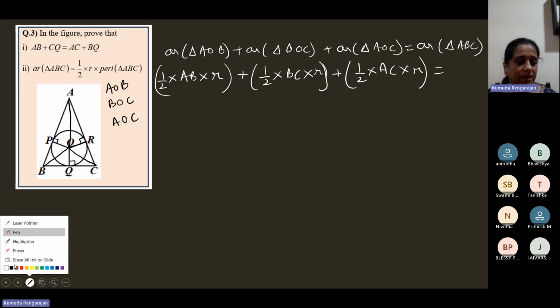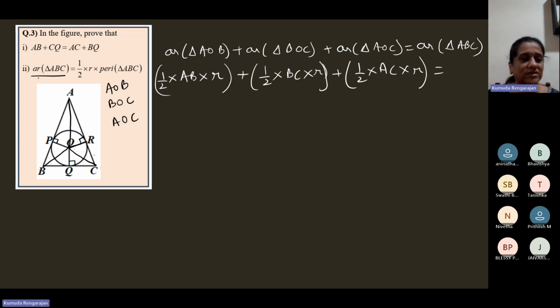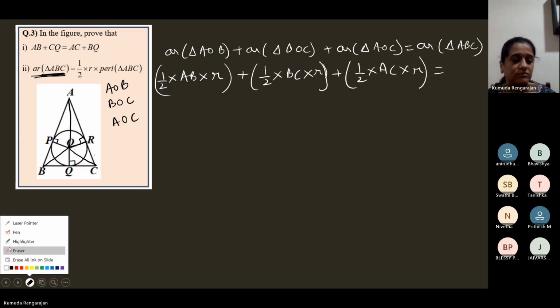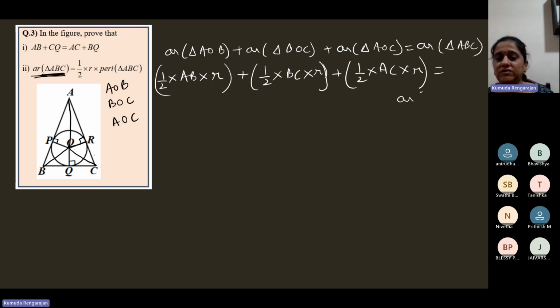See, we have area of triangle ABC in the result, so you don't have to do anything with that. Area of triangle ABC as it is.